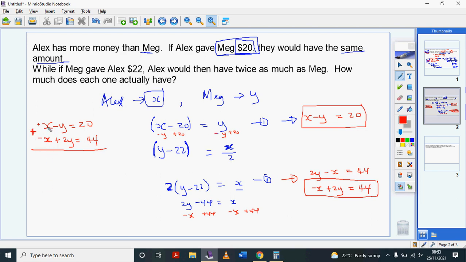So I'll just say positive x plus negative x is 0. Negative y plus 2y is going to give me positive y, is equal to 20 plus 44, which gives me 64. So that means that y, which was Meg, has $64.